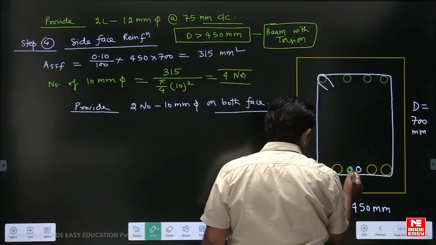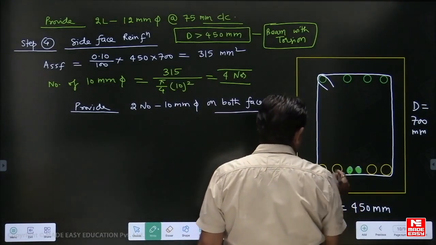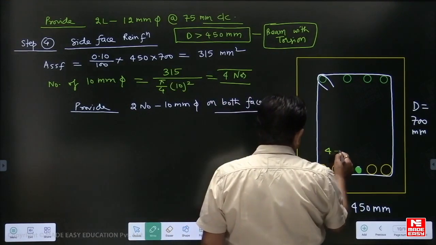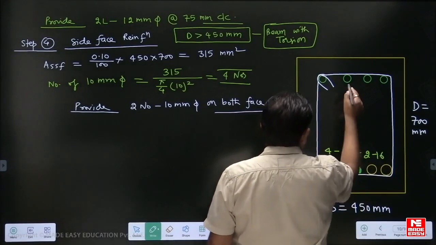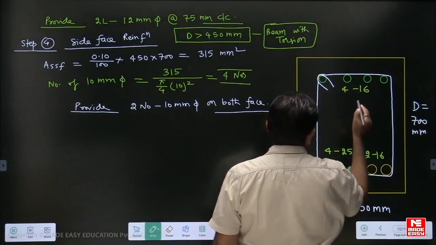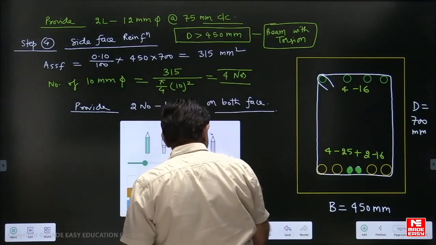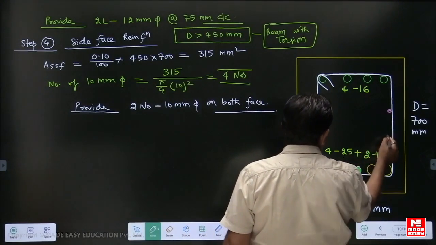These reinforcement must be touching this stirrup. So you can show it as 4-25 plus 2-16. Here it is 4-16 mm. And then for side face reinforcement, we can show just 2 reinforcement here and 2 reinforcement here.